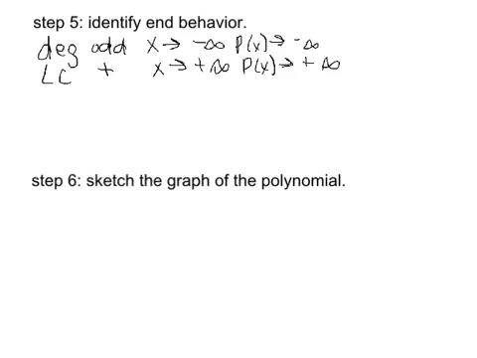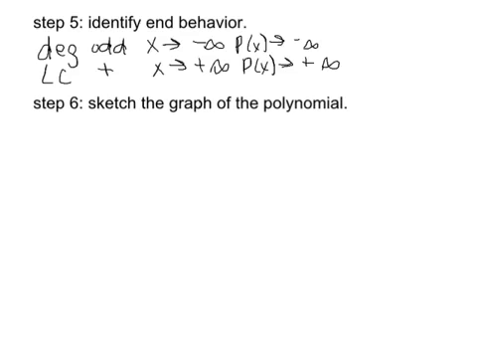Okay? As we sketch a graph of the polynomial, we have a lot of points to plot. So we know that all of our zeros are 1, -2, and -3. We evaluated the function at f of 0 and got -6.